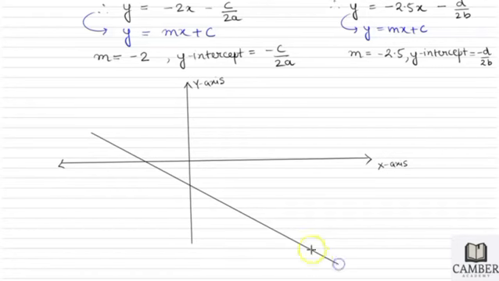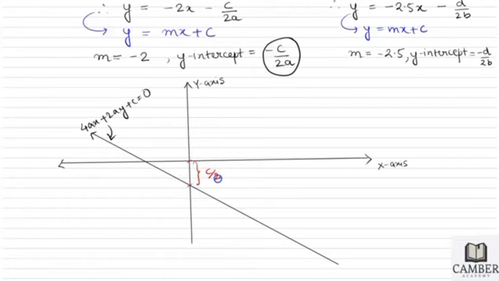Okay, so suppose this is our line 4ax plus 2ay plus c is equal to 0. Okay, so here you can say that the y-intercept is minus c by 2a. Okay, so I can write it in magnitude form, up to this much, it is c by 2a.